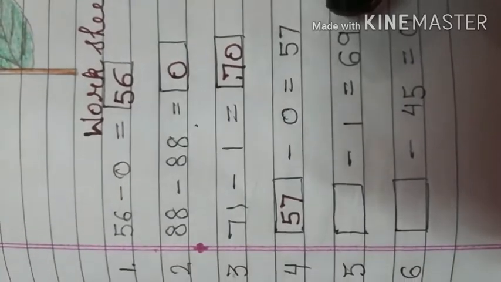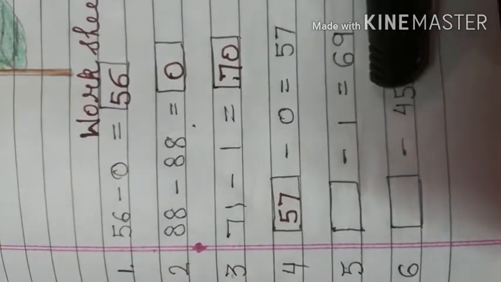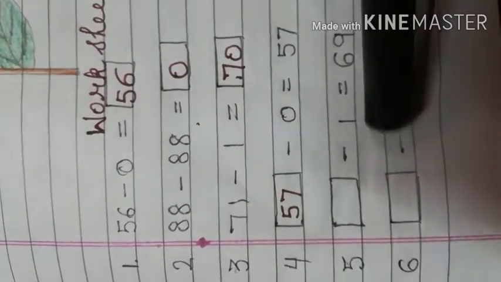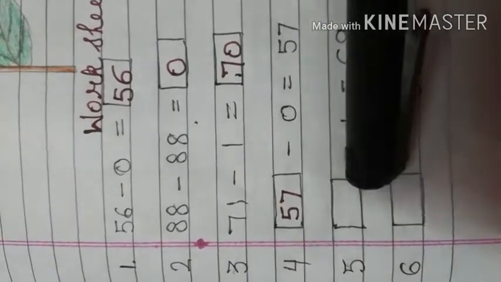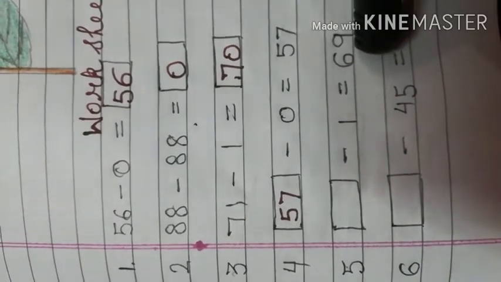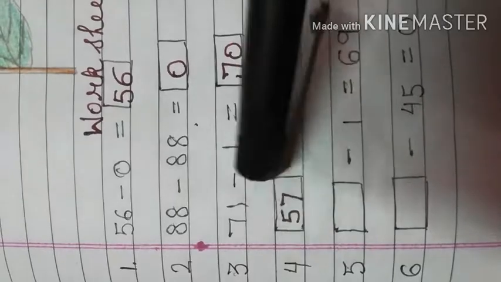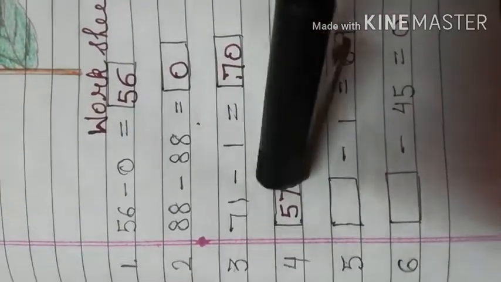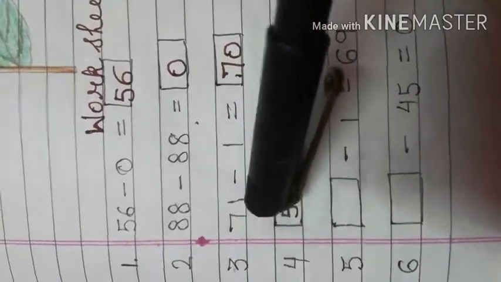So you can correlate all these questions by keeping some of the small points in your mind regarding subtraction. Move towards the next question, and that is dash minus 1 is equal to 69. Now in this case, subtraction of 1 means after subtraction we have got the answer 69. Now what we will do? In the previous case, we have just calculated the number by subtracting 1, because there we were calculating the number that comes just before 71.